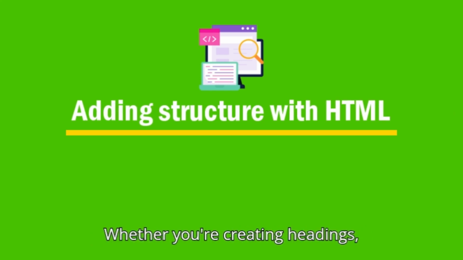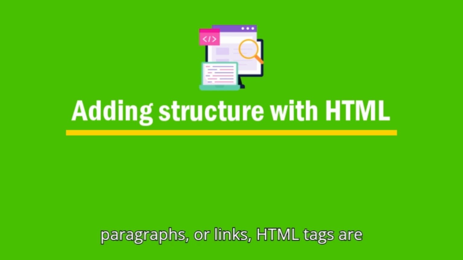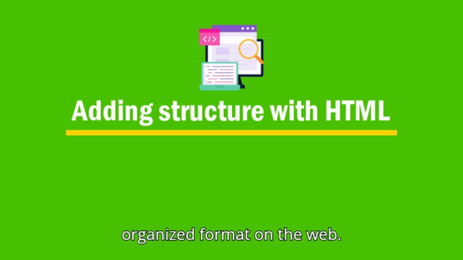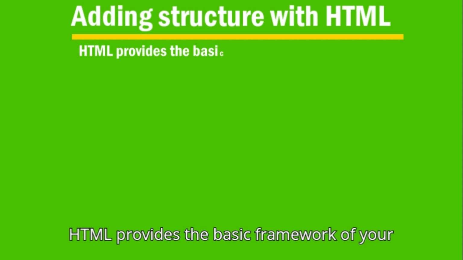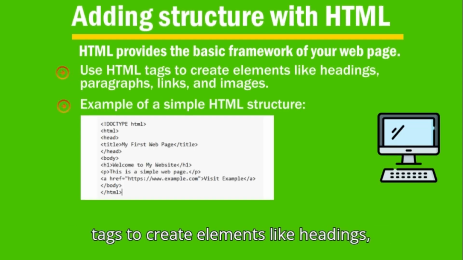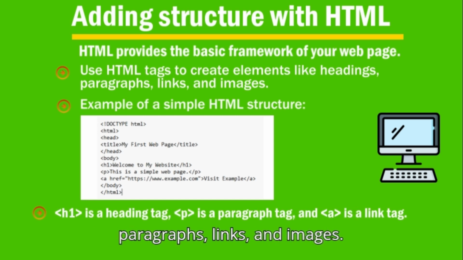Whether you're creating headings, paragraphs, or links, HTML tags are what turn your ideas into a visible, organized format on the web. HTML provides the basic framework of your web page. You use HTML tags to create elements like headings, paragraphs, links, and images.